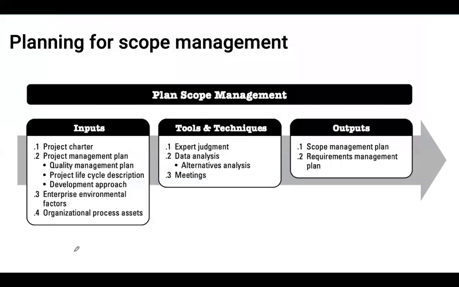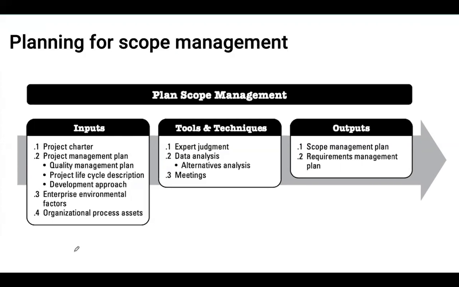So then, to achieve the scope, we have to carry out a number of processes. And the first one, in my view, and I don't know whether this view is right or not, doesn't necessarily have to be carried out for every project, especially if projects are fairly repetitive in nature, like construction projects, let's say, or electronics chip development projects.